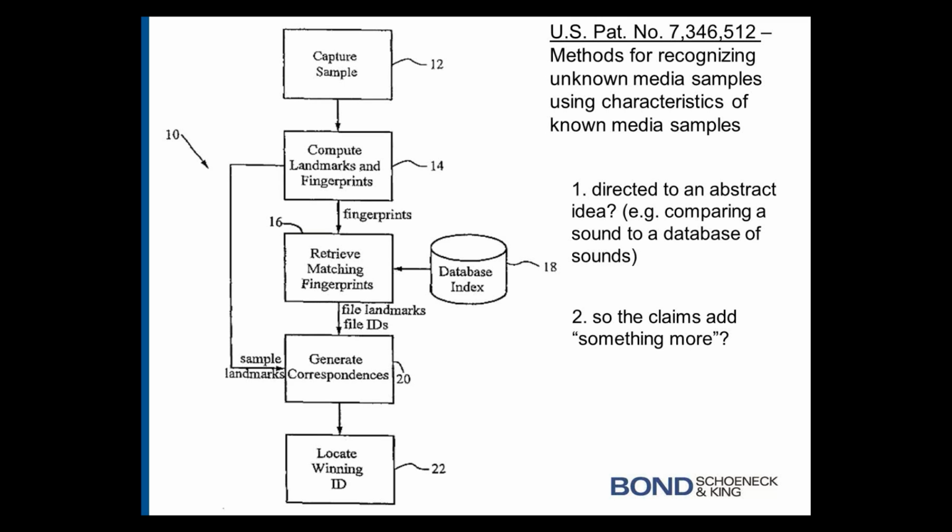So really what's going on here is there is a capturing of information, a storing of information in a database, a comparison step, and then a generation of a response or an answer. Speaking about it at a 40,000-foot view, I think a court would certainly say that there's an abstract idea. There's nothing spectacular about a comparing step, for example, or a capturing step, or transmitting of information between computers.